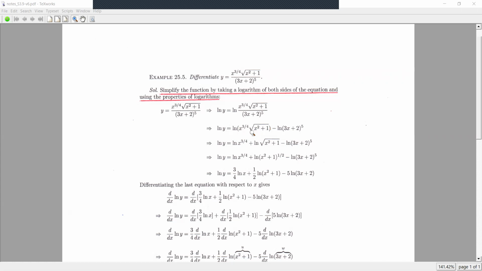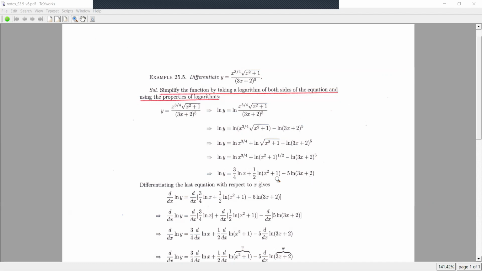The natural log of a product is the natural log of the first function plus the natural log of the second function. The square root of x squared plus 1 is a power. It is x squared plus 1 to the 1/2. Now, move down the powers. Then I have this equation.